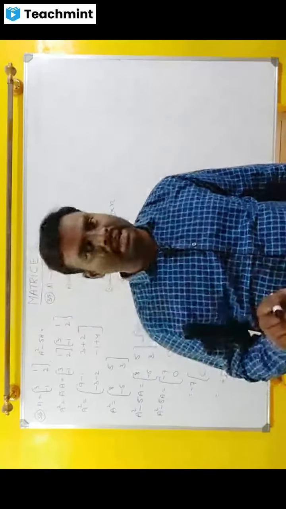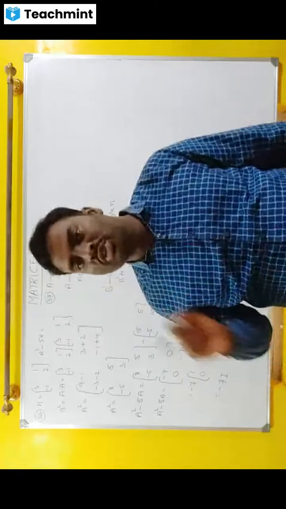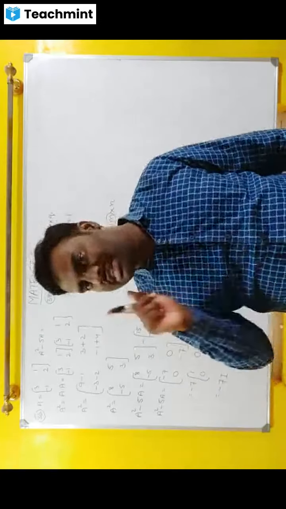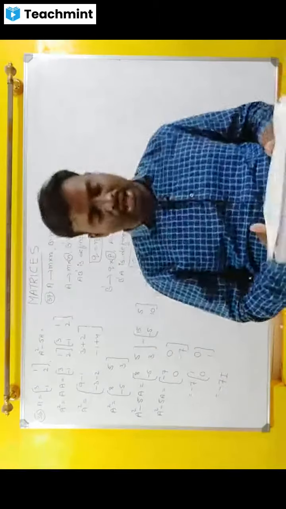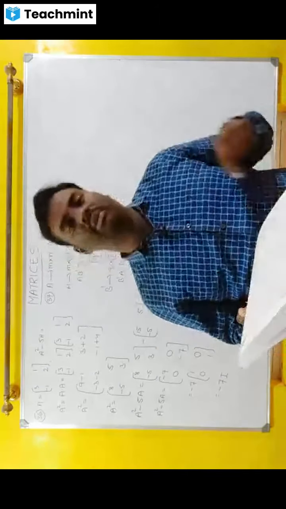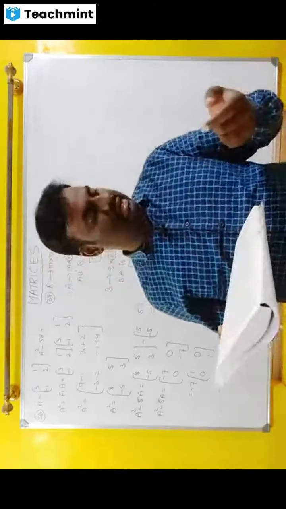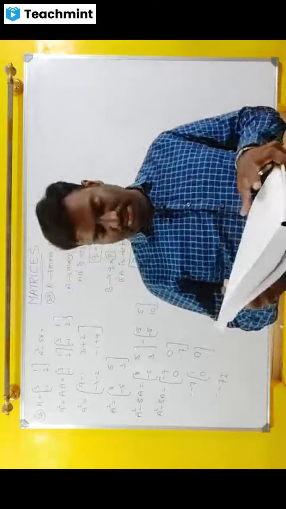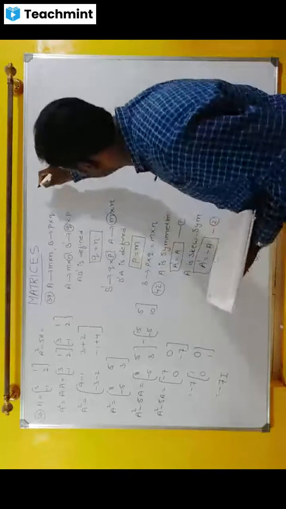So a matrix which is both symmetric and skew symmetric must be the null matrix, or you can say zero matrix. That's why option 2 is the correct answer for question number 42. Next, we will discuss question number 43.